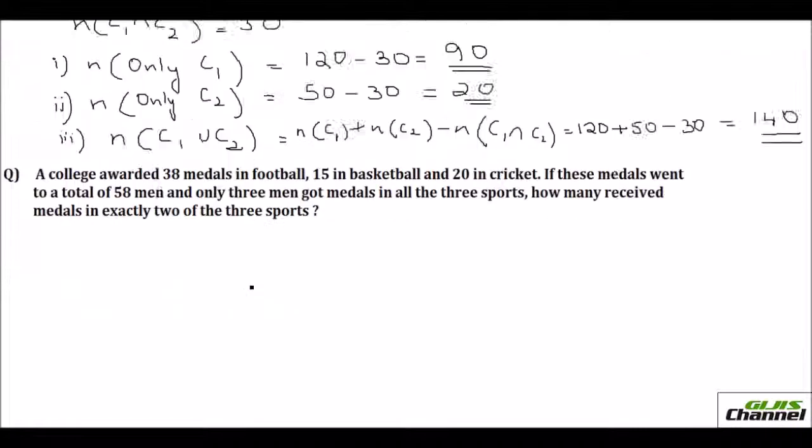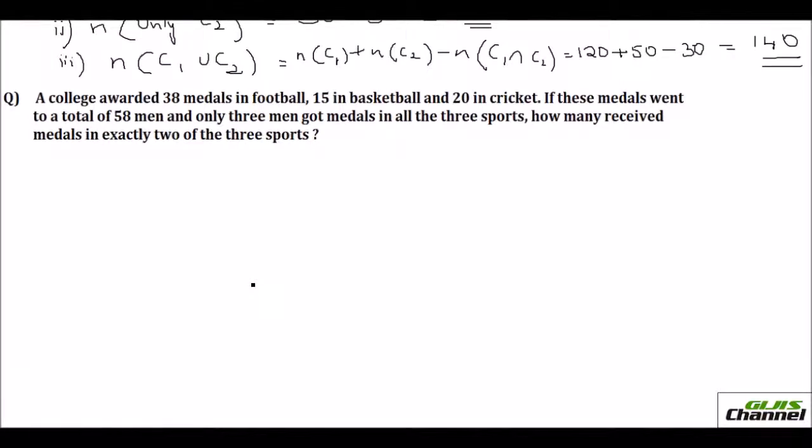Okay? Let us move on to the second question now. A college awarded 38 medals in football. So N of F is 38, right? And 15 in basketball. So N of B is going to be 15. N of C is 20. Those who are in cricket is 20. Okay?